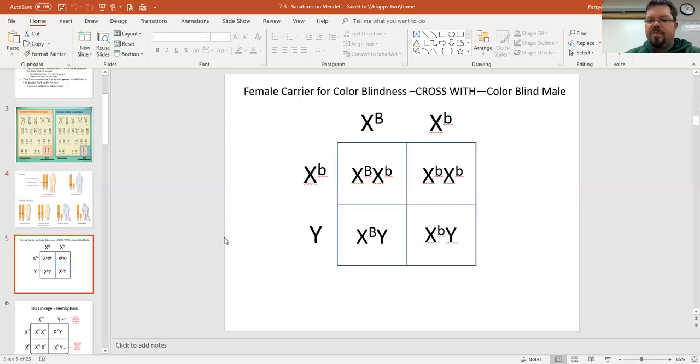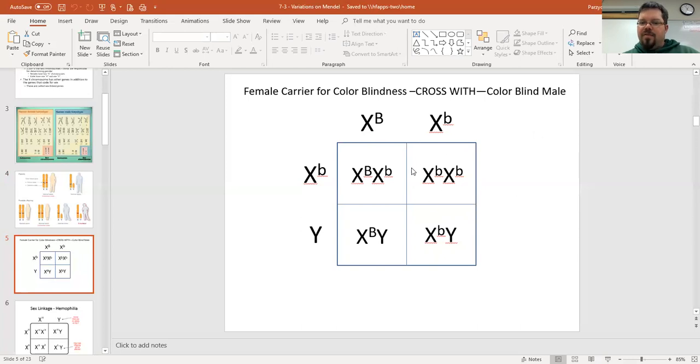Here's another look at this, to give you an idea. The only way you could ever have colorblind females, or daughters, in this case, would be if the female is a carrier for color blindness and the male is colorblind himself.